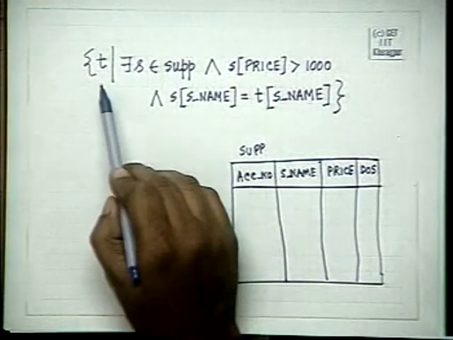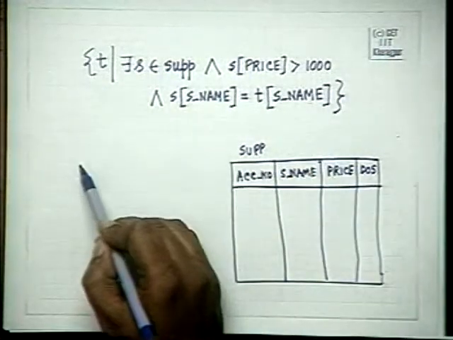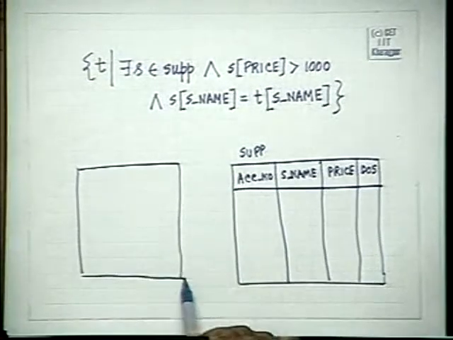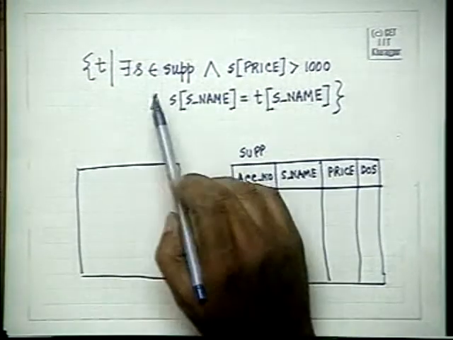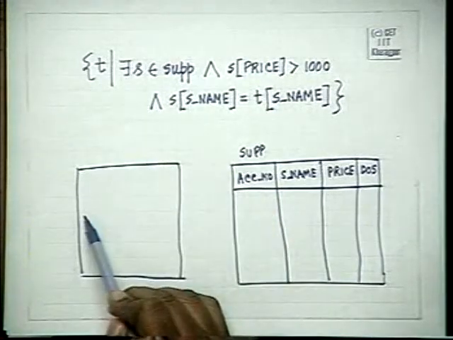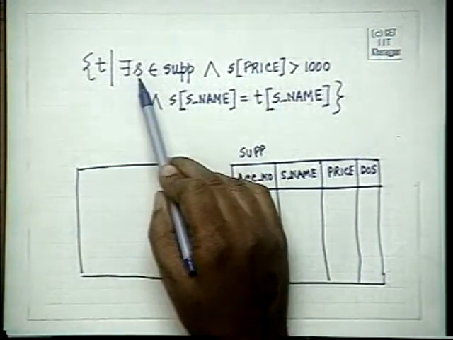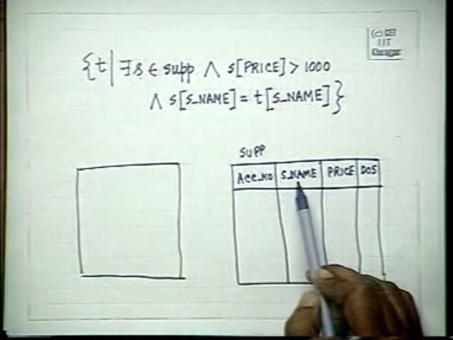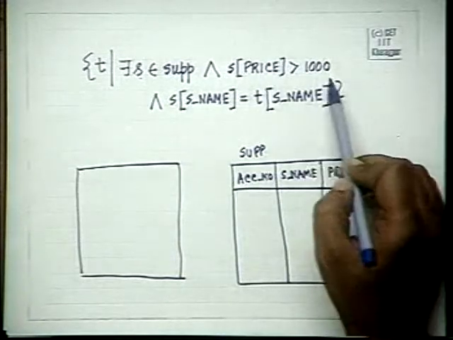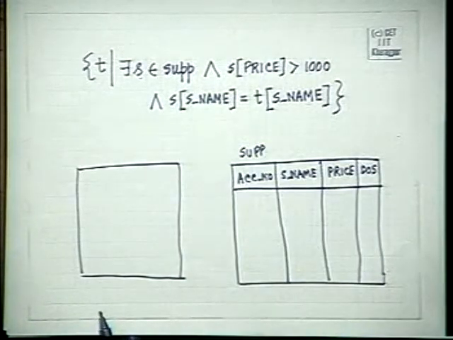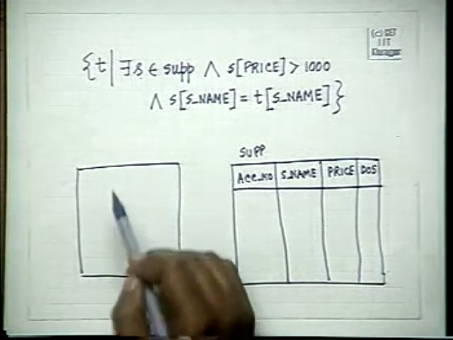And we have said that this new relation must be such that for every tuple here, there must exist an S element of SUPP such that the price is greater than 1000 and supplier name is equal to T's S name.